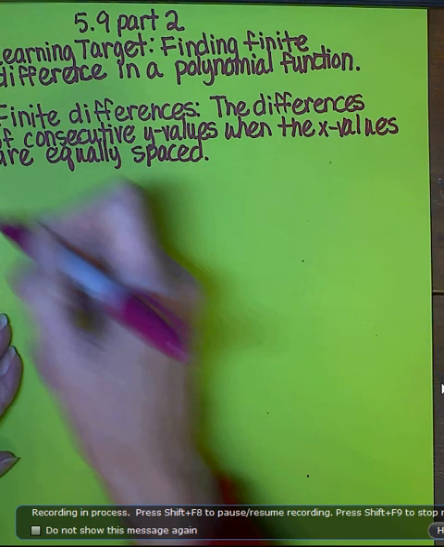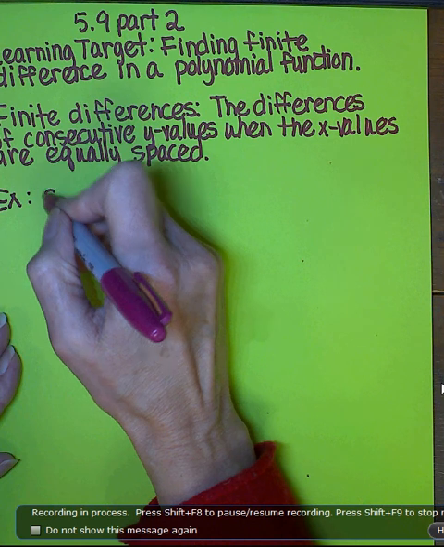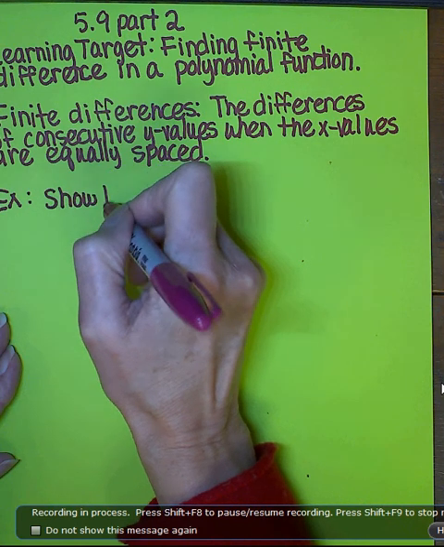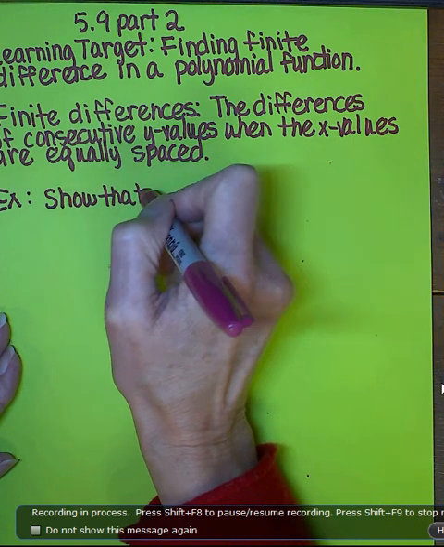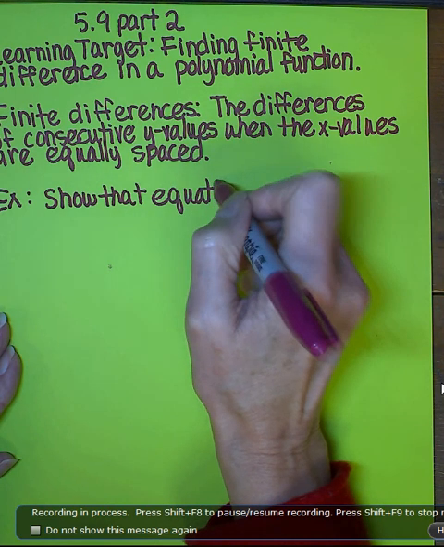So here's what the problems will look like. Show that the equation has third order differences.